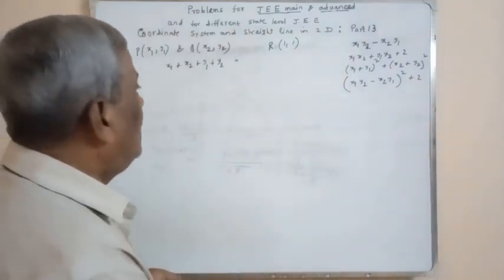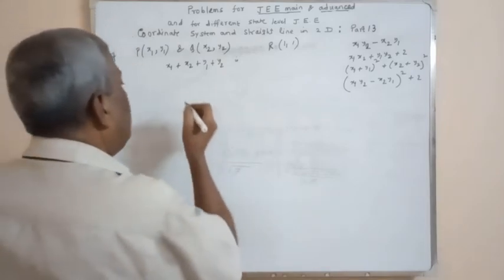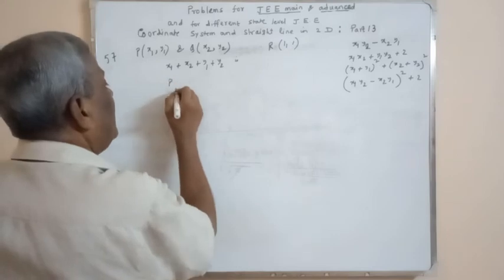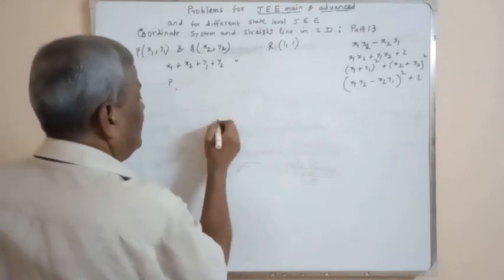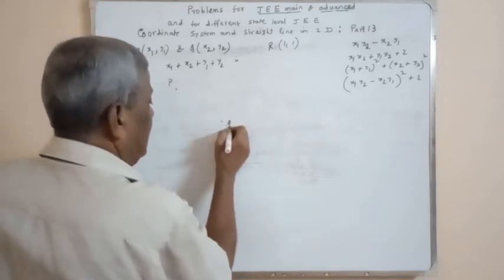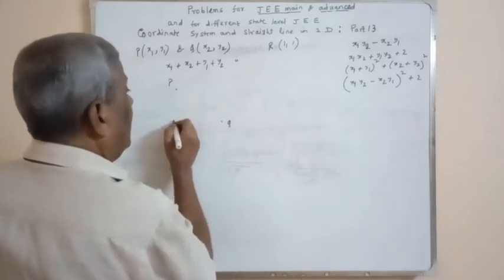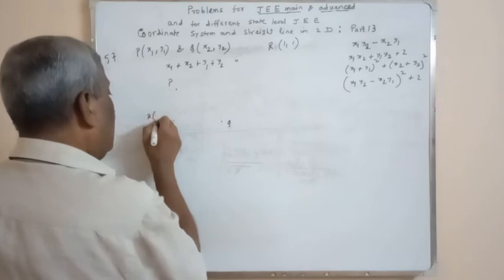This problem is also very simple. 2 points are given, say P(x1, y1) and Q(x2, y2), and one more point R is (1, 1).